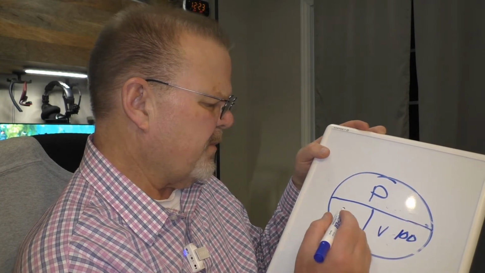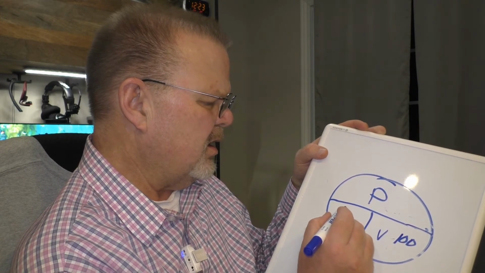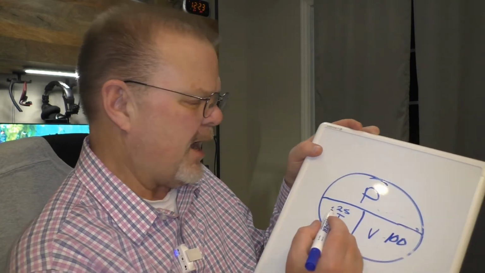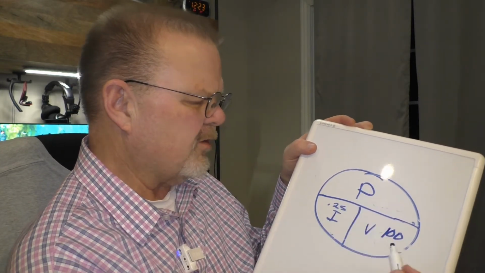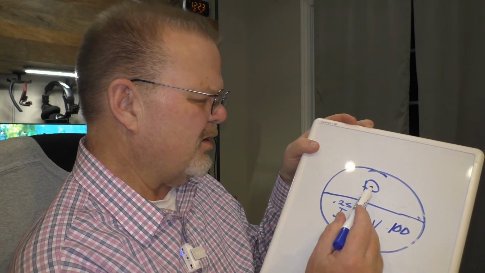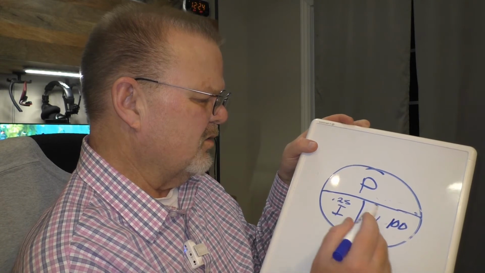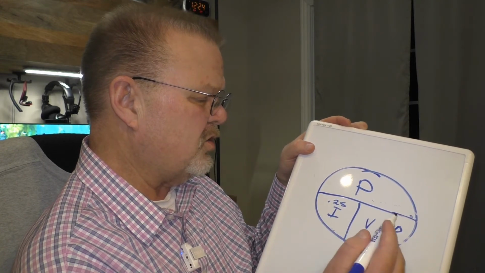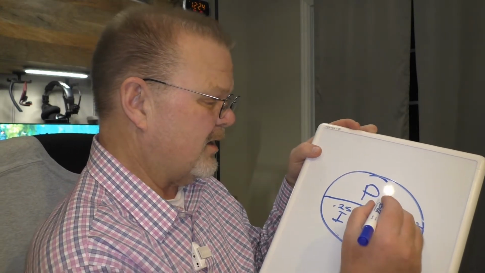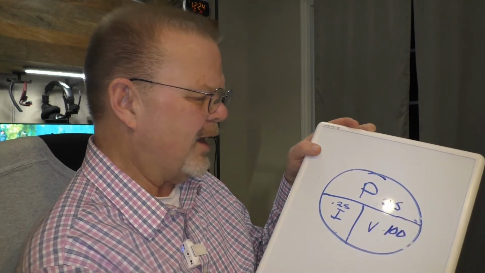Over here we have 0.25, in other words, a quarter of an amp, 0.25 amps. What's our power? Okay, so our power is equal to current times voltage. So 100 times 0.25 equals, that's right, 25 watts.